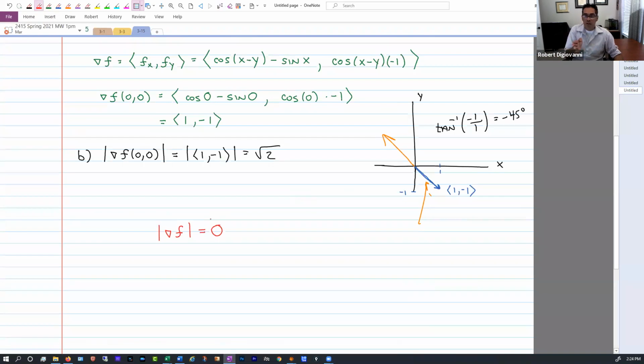Basically, what direction do I need to point in so that I get 0 incline or decline? And if I keep doing that at every point, I create the contour map. So this is related to contour maps. Okay.